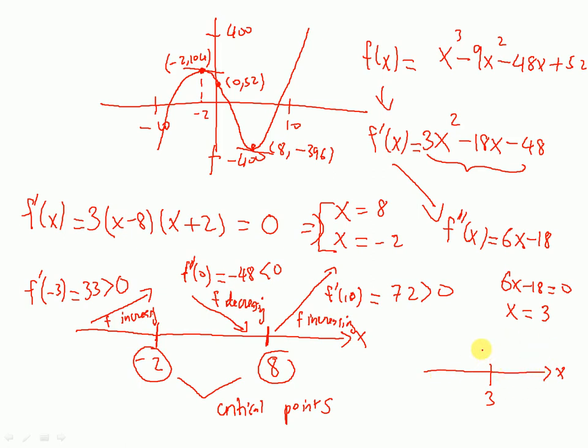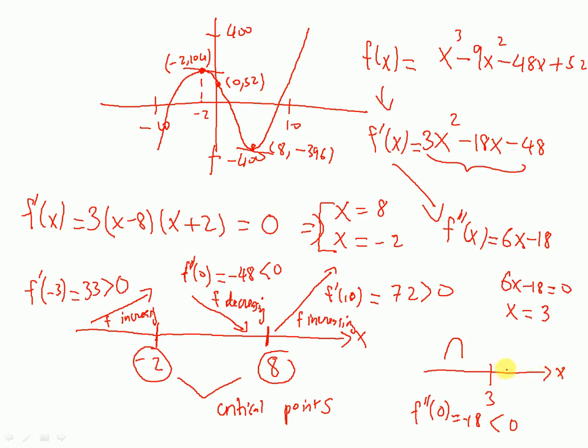Now let's pick the region on the left of 3. I pick 0, right? So f double prime of 0 would give me minus 18. If I plug in 0 for x, it gives me 0 minus 18, which is less than 0. That means this left region is concave down.